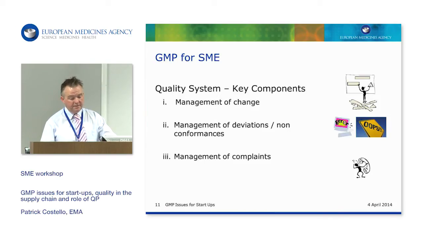So really then the inspection team want to see how you're managing those deviations, how you investigate them, how you review them, how you put in place appropriate corrective actions that correct the issue as quickly as possible, and then preventive actions which may take a longer time to implement, but we also need to see how that's managed.